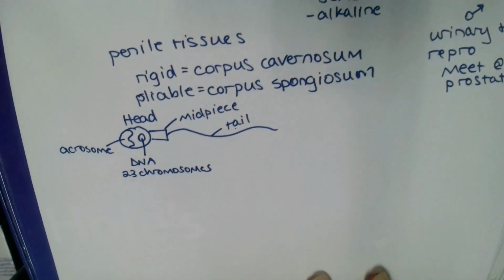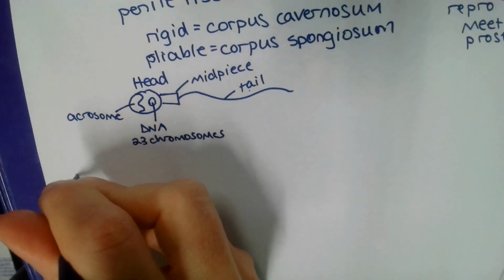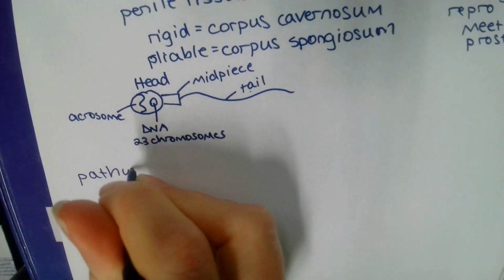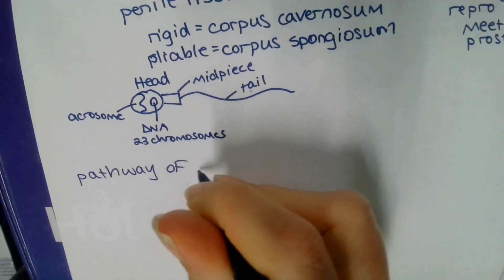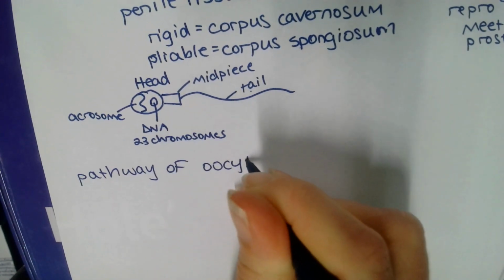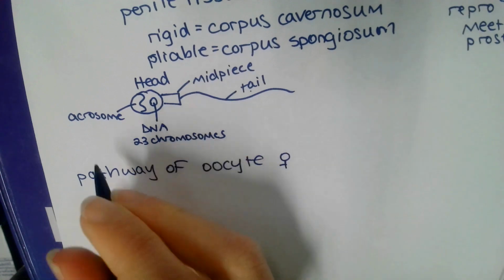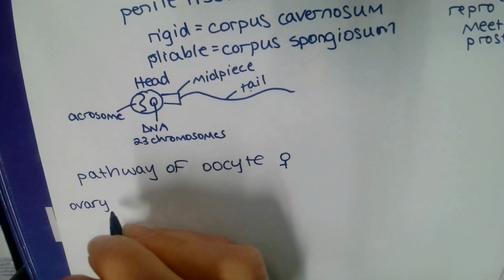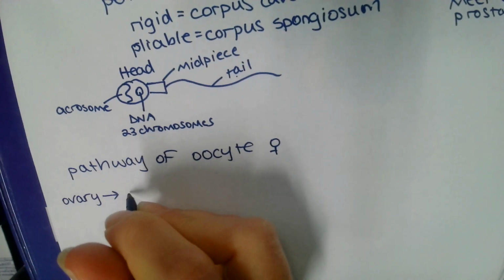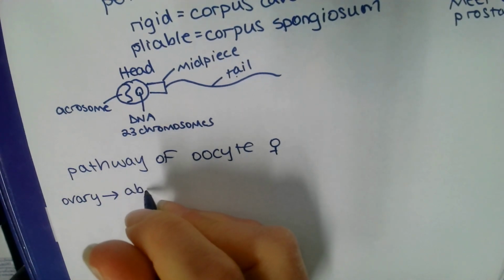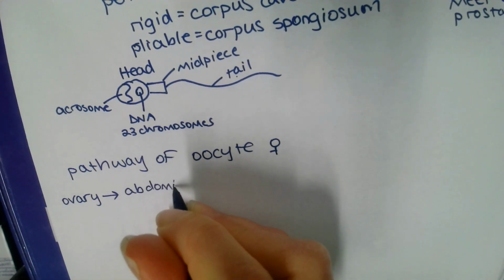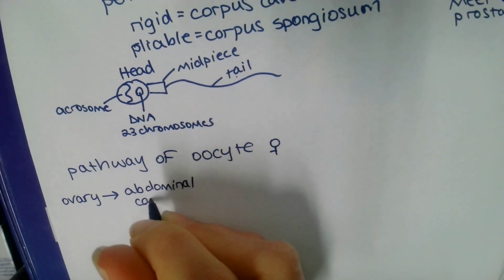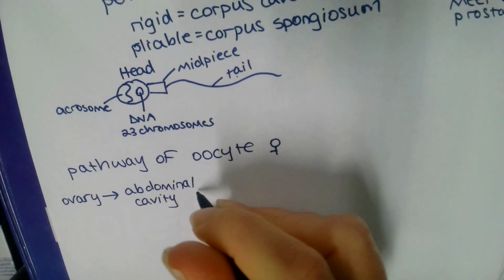All right, and we'll do the pathway of an egg. So pathway of an egg, oocyte, and of course this is female. So it's going to be made and stored in the ovary. Then remember, it's tricky because it goes into the abdominal cavity. Do you remember that? Then it goes into the fimbriae.